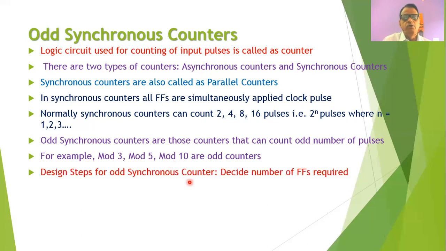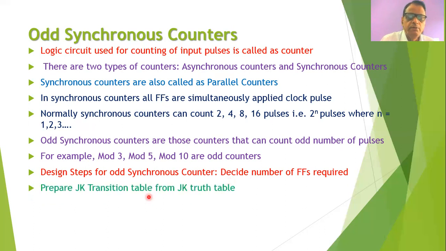So whenever we want to design a synchronous counter which can count an odd number of pulses, the first step that we need to perform is to decide how many flip-flops are required for the construction of such a counter. Then in the next step, we will prepare the JK transition table, which can be obtained by making use of the JK truth table.